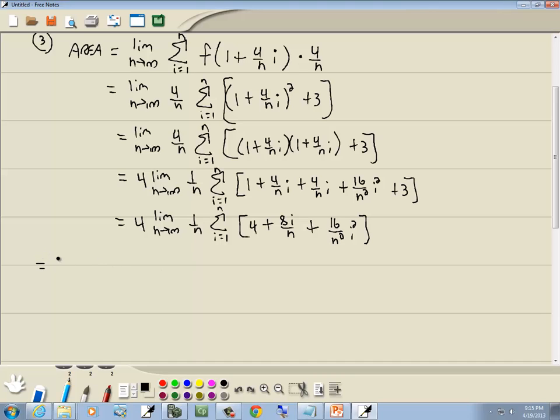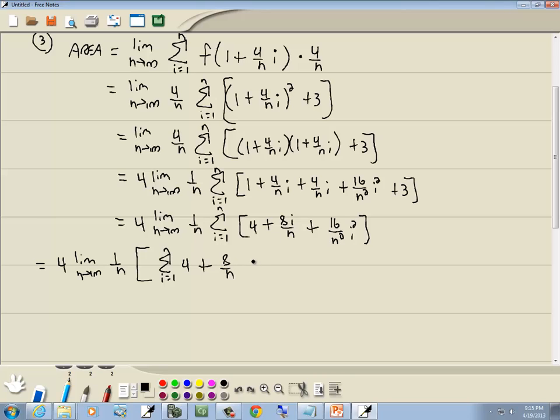Now we want to split these up into separate summations. Okay, so we're going to have the summation i equals 1 to n of 4, plus the summation of 8i over n, but the 8 over n I can put out in front.